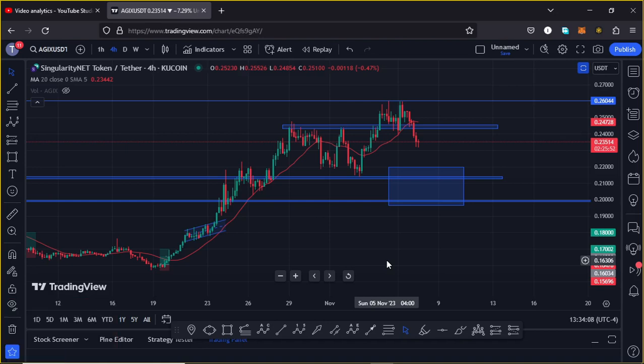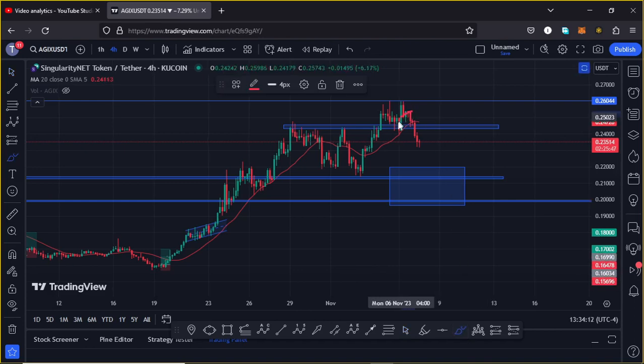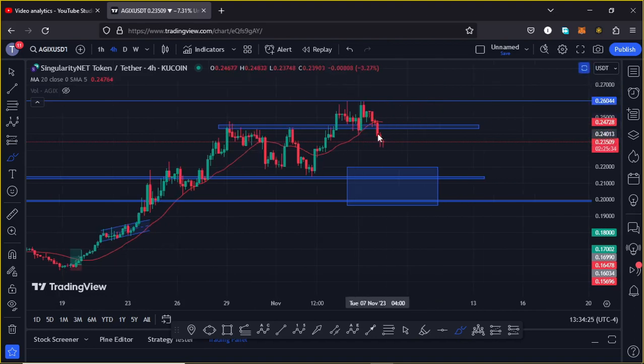And at the time of this recording, AGIX is holding below the 20-day MA here on the 4-hour chart, which is now acting as resistance for us to continue gearing up. We are also seeing much of a pullback after getting rejected at our key area of resistance at around the $0.26 mark, in a move that has now given us a breakdown move, losing support at around the $0.2445 mark.